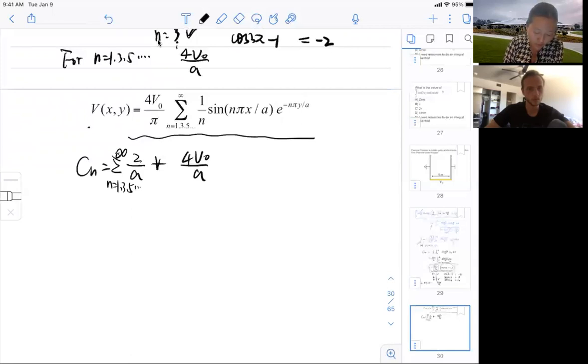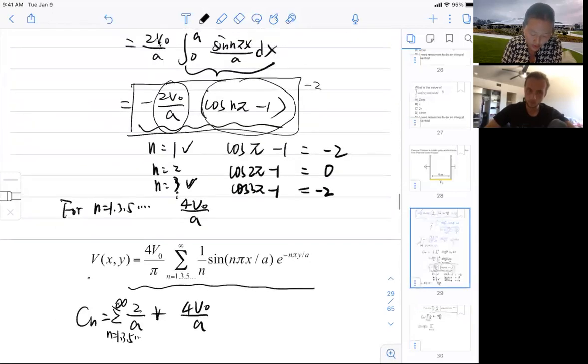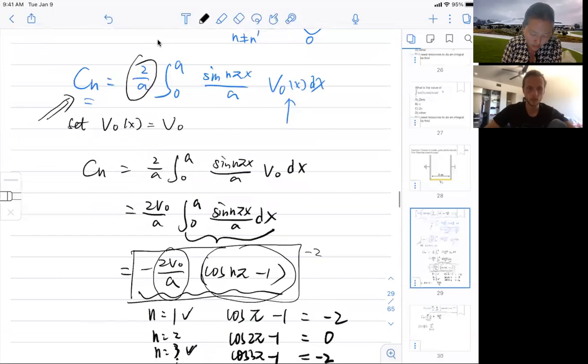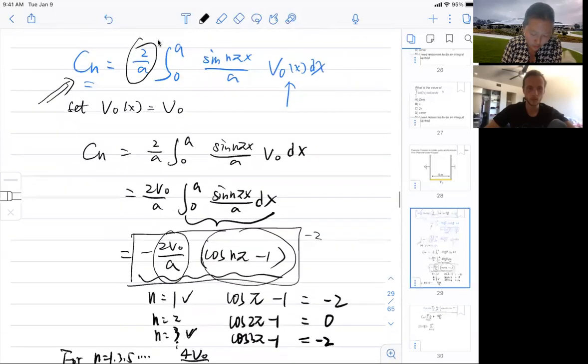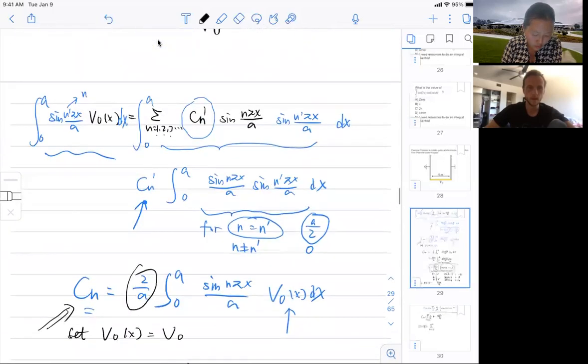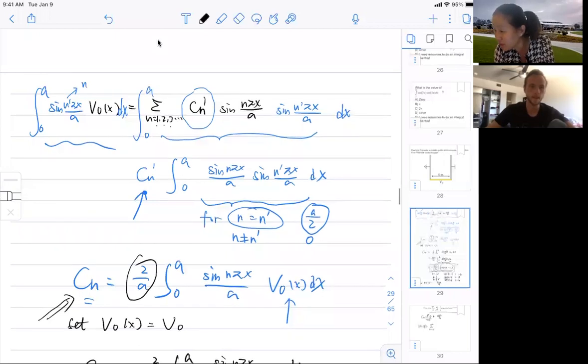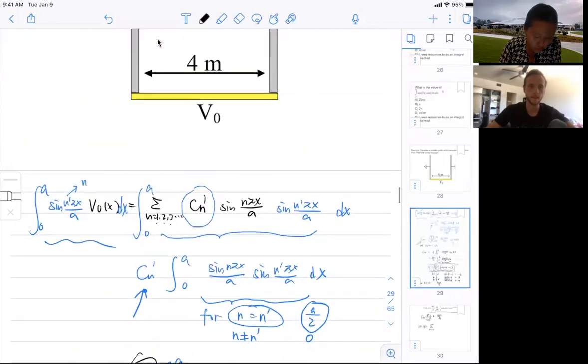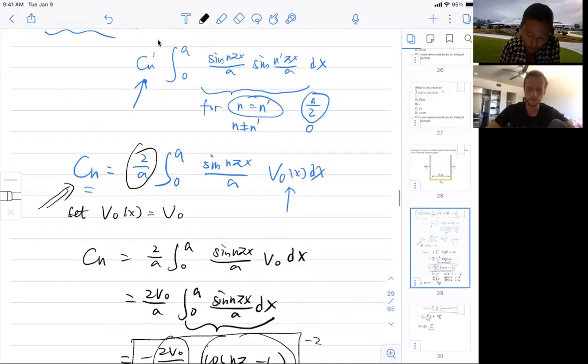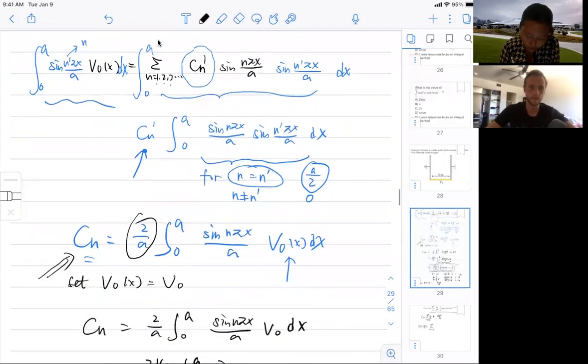All right, so your v is going to be all of the odd. I should cancel my a. Sorry, I may have messed up a over 2 versus 2 over a somewhere. Well, let me see.